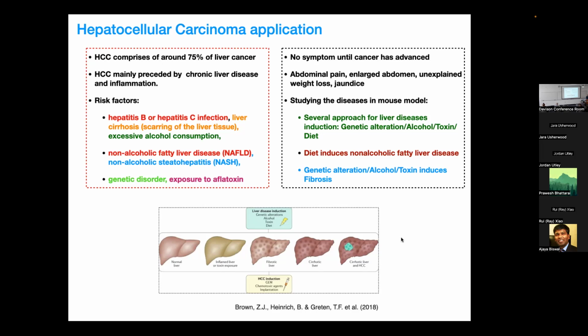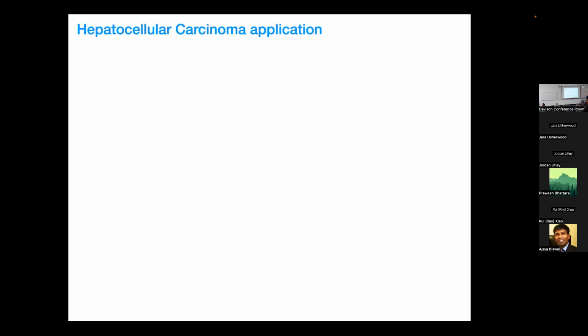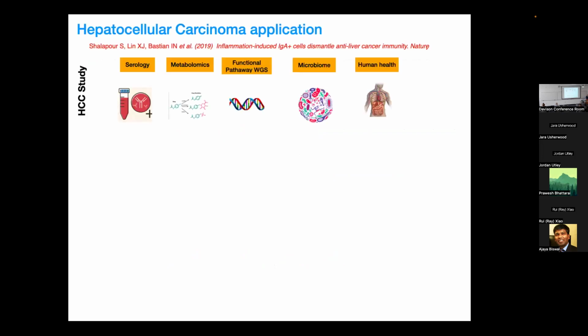Given the complex nature of this particular type of cancer, we were fortunate enough at MD Anderson to get this data from a Nature paper from Subhanam Salapurs, who is also trained as a statistician.